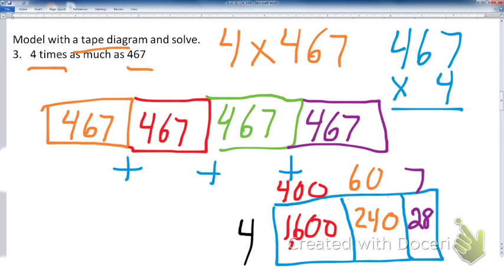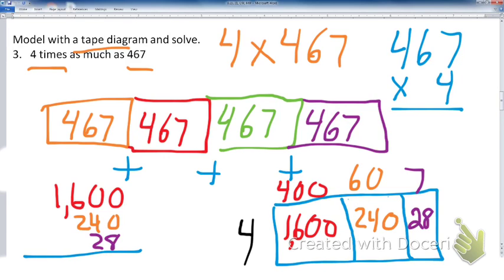And then we just have to add all 3 numbers together: 1,600, 240, and 28.